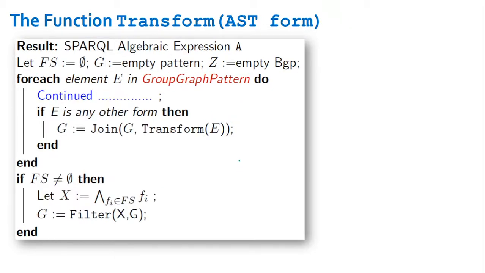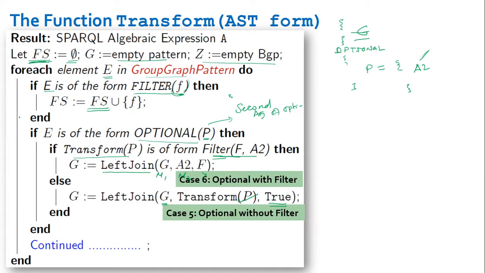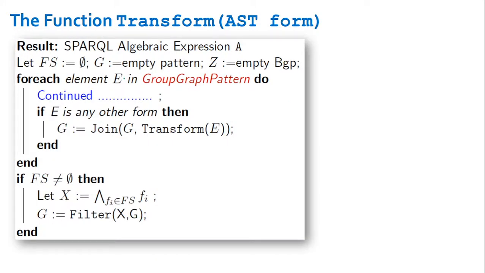Now coming to the case 7, which is basically everything. So this is the continuation of this part of the statement. This for loop is really continuing. And now if E is any of the other form, so this is the 7th case, any other form, then you transform E, and whatever expression or graph you have got until now, you just take a join with that and the transform of this E. So we will be defining that using a join operator, right?